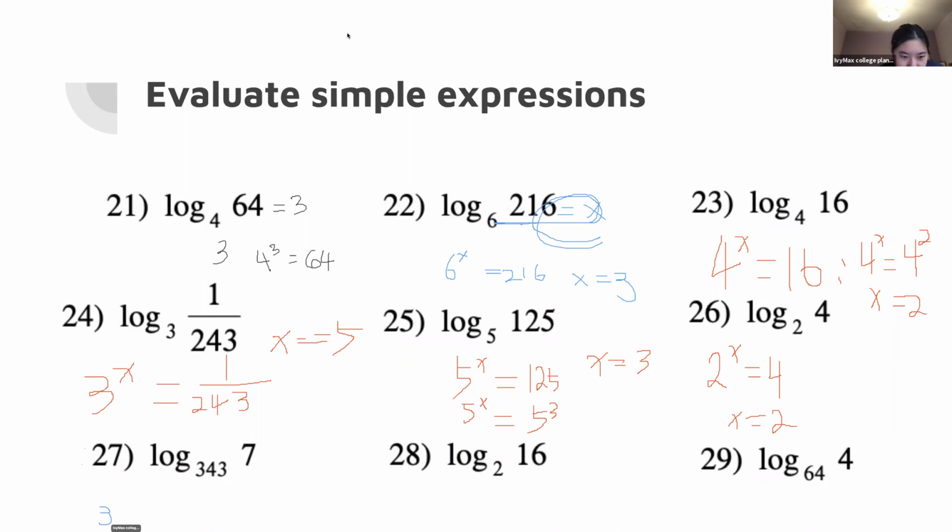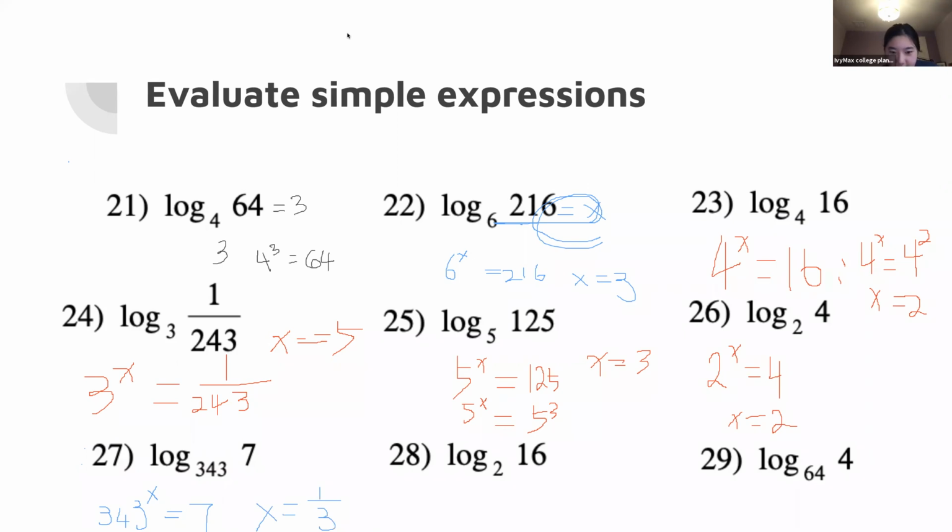So 343 to the x power equal to 7. And then x equal to, I believe, 1/3. So 1/3.